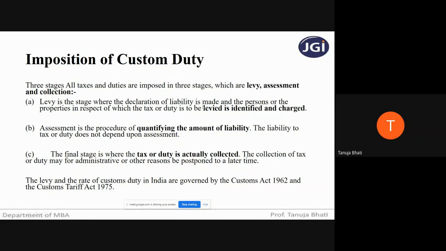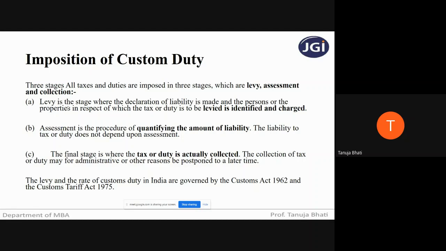Declaration is nothing but a list of the goods you are bringing into India or exporting outside India, their value and their rate. Under the levy stage, the customs duty is imposed. It starts with levy.